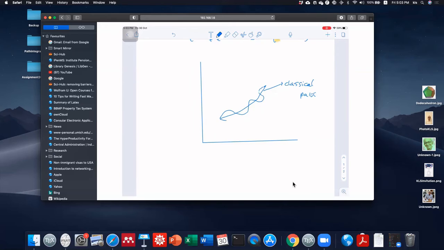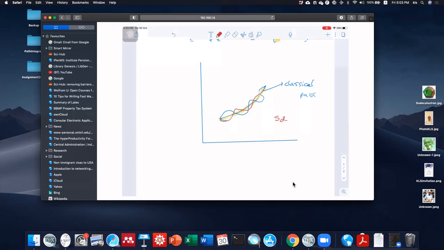Or another one which I'll draw with a different color. So the blue one, the initial one, is my classical path. Let me mark the classical path. This is my classical path. And I know the action for that. So let me say that that is S classical.